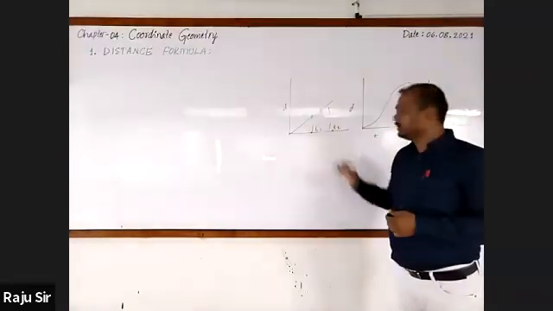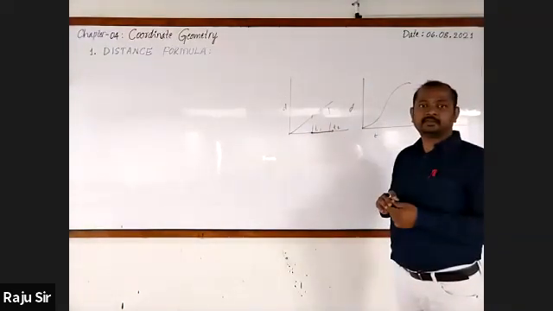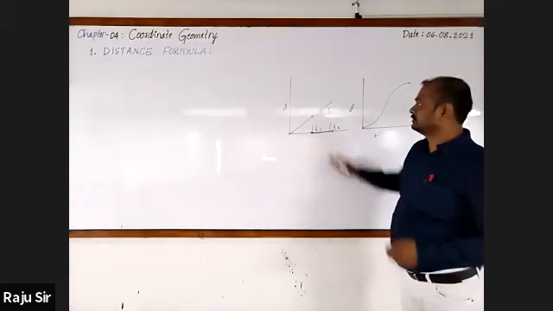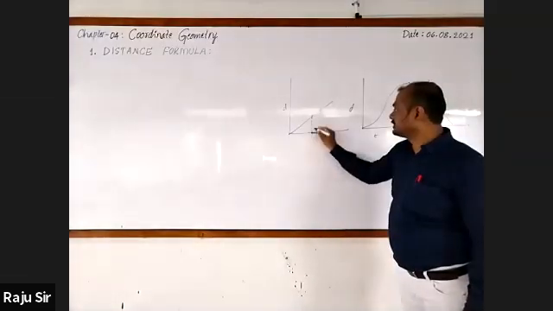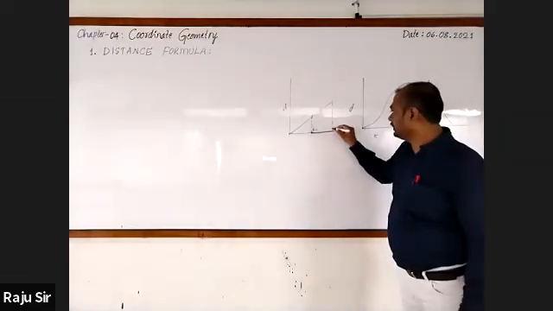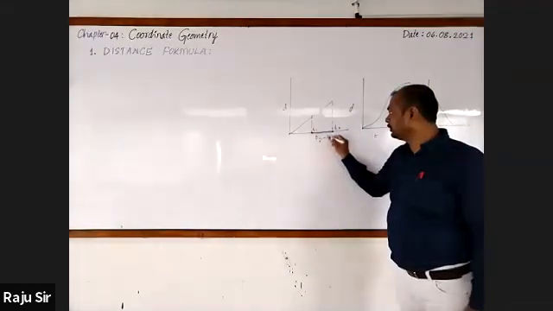In your previous class, what is the distance from this point to this point? T2 minus T1. Very good. This is T1 and this is T2, and the distance between these two is T2 minus T1.